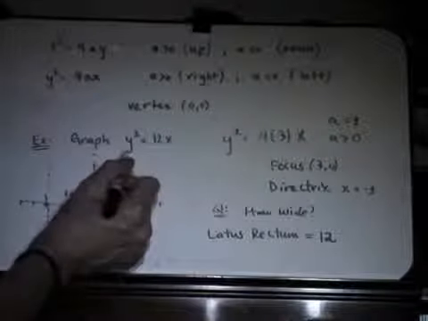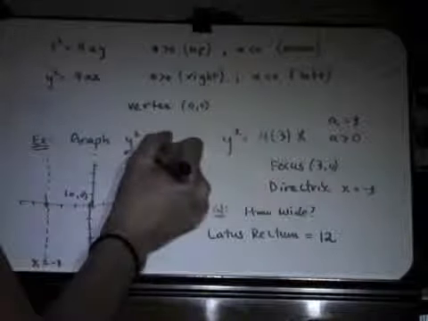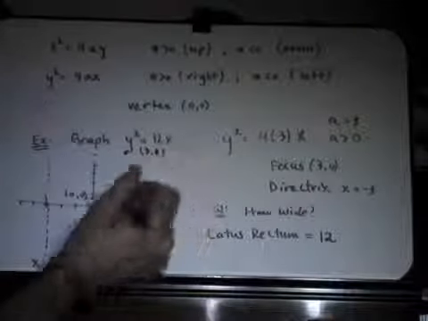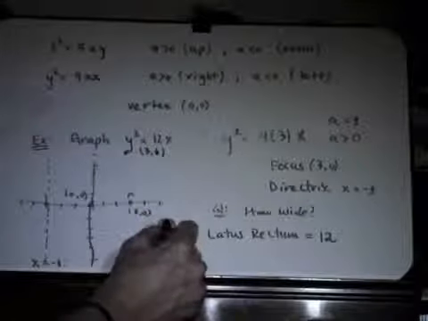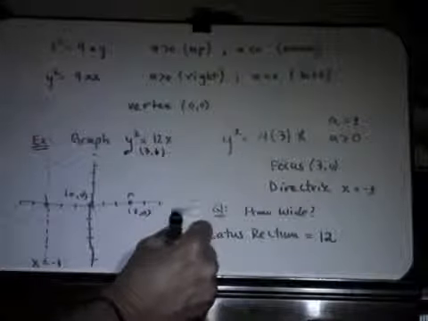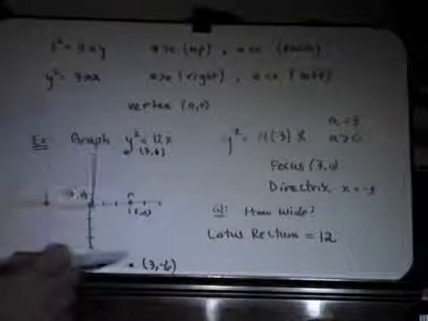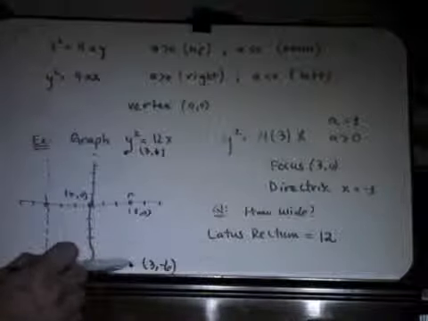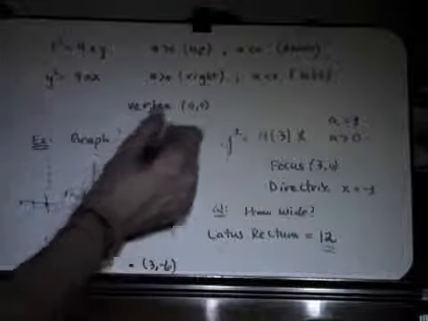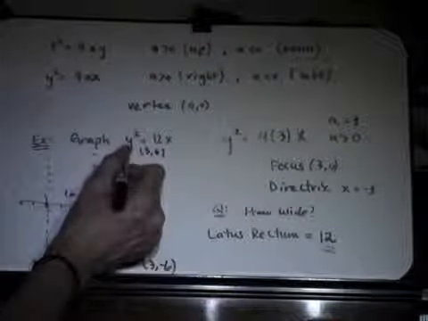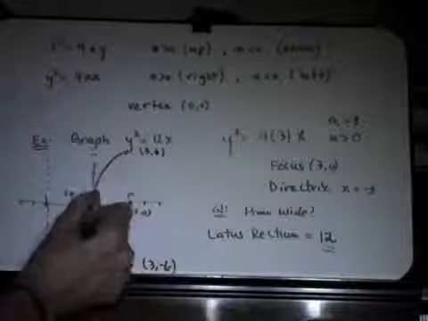And I'm just going to kind of wing it up here. I'm going to say that this ordered pair is situated at (3, 6), so 6 units up. And as well, 6 units down, we have the ordered pair (3, -6), so that the total distance between those two ordered pairs is the 12 units that is the length of my latus rectum. That is going to dictate how wide my parabola is.